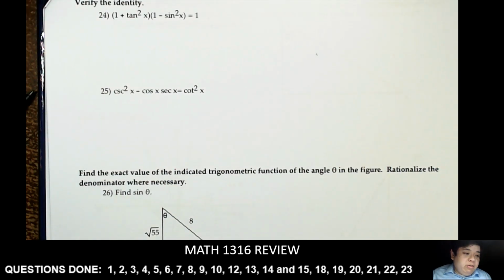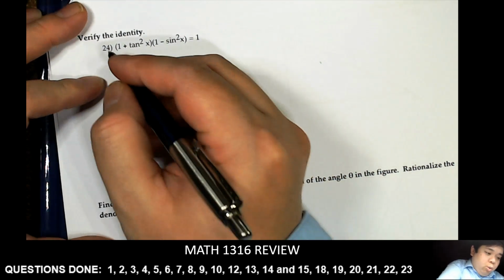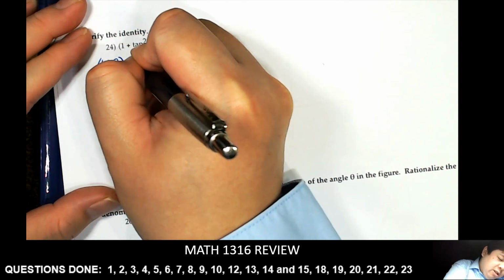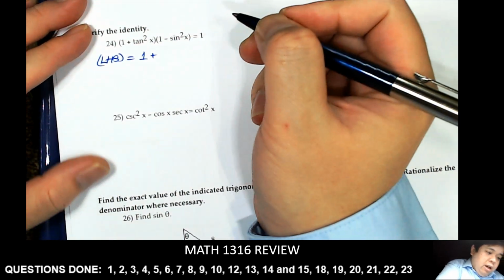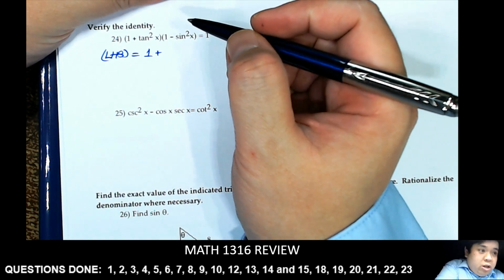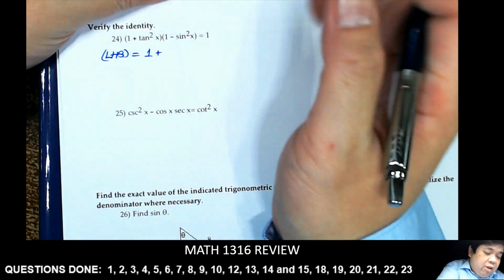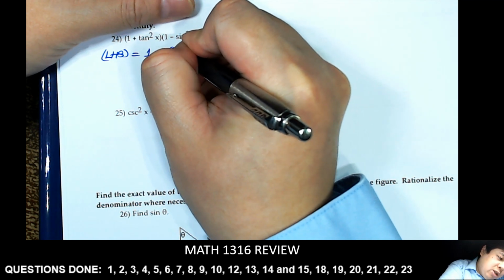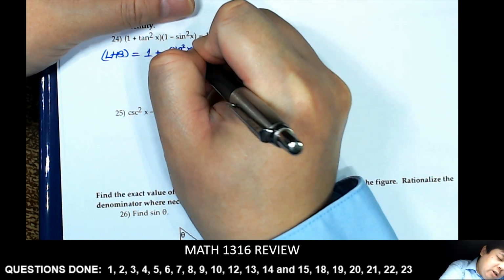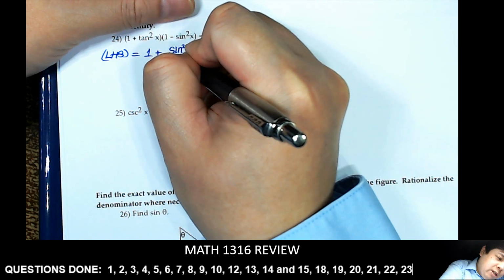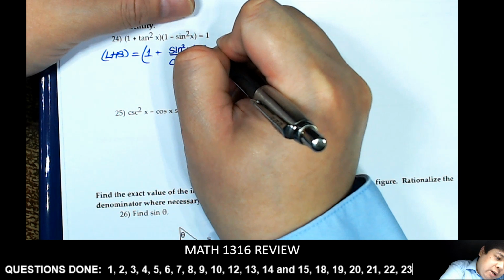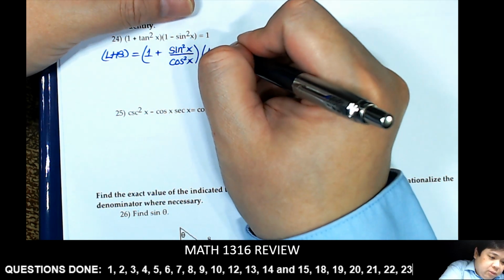Next, verify. We don't know if it is true or not, so I will start with the left hand side. An easier way to do this is just convert everything to sine and cosine. So tangent squared, we can write as sine squared over cosine squared, and 1 minus sine squared.